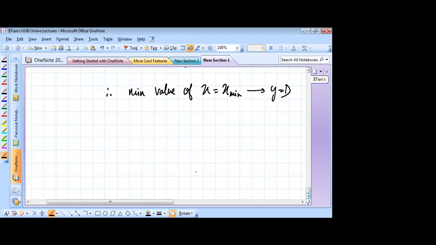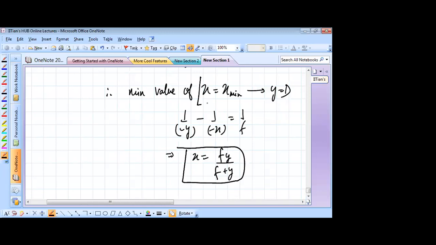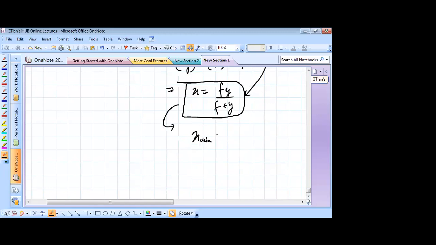We had seen earlier that 1 upon v minus 1 upon u was equal to 1 upon f. Solving this, we had got x is equal to fy upon f plus y. In this equation, substitute y equal to D. So we get the x minimum: Df upon D plus f.